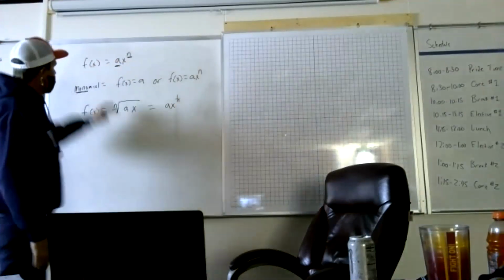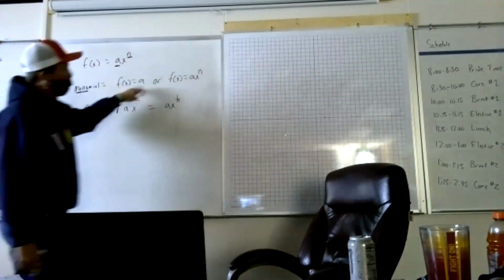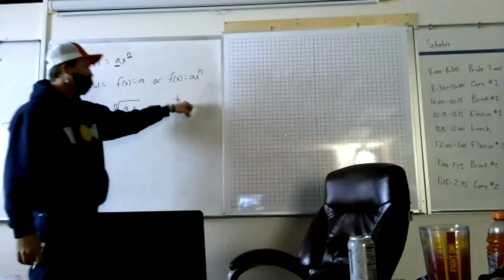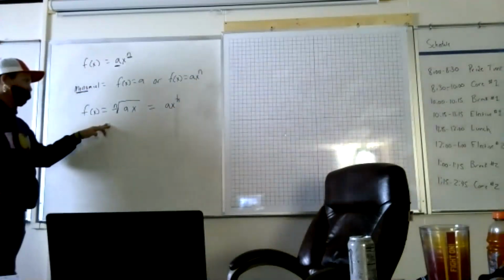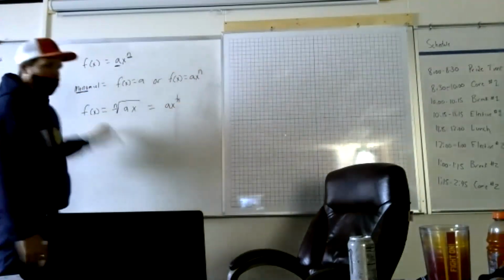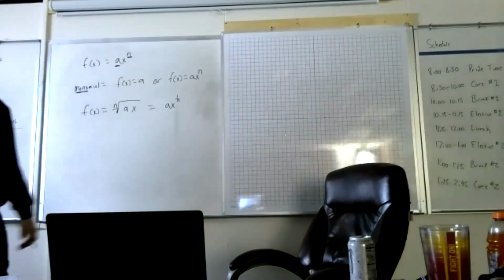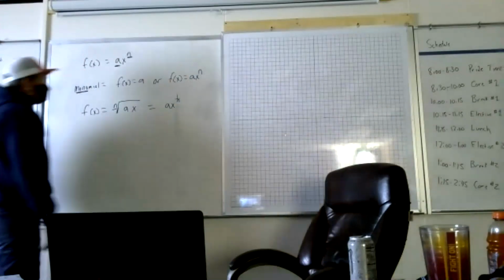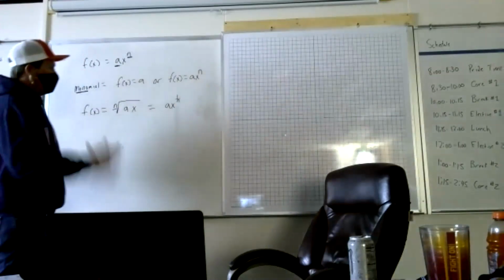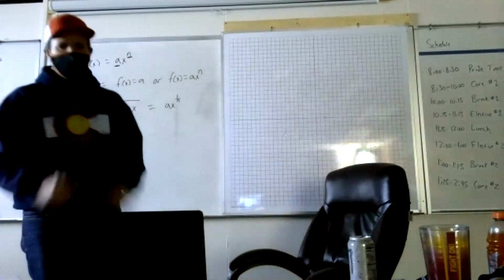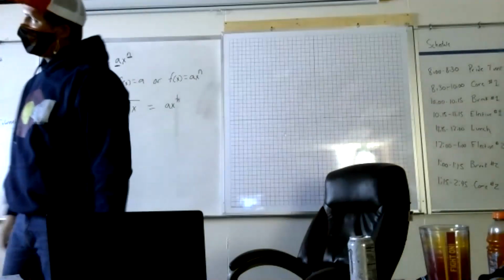So some of our power functions, if n is a fraction, it's really a radical function. And that comes from your properties of rational exponents. That's something that we did very early, being able to manipulate them and being able to solve the radicals.